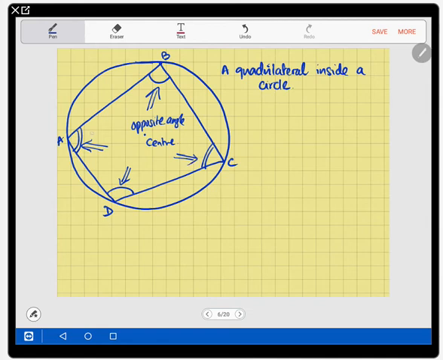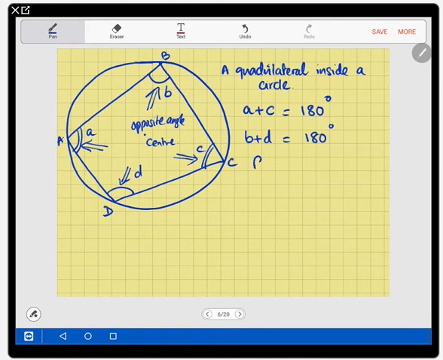If I call these angles A, B, C, and D, A plus C is equal to 180, and B plus D is equal to 180. This is what you will find, right?